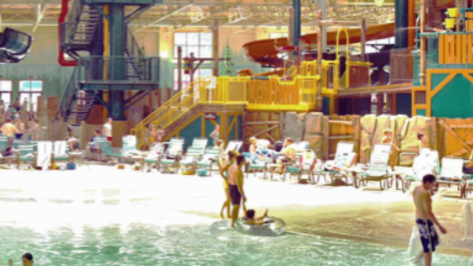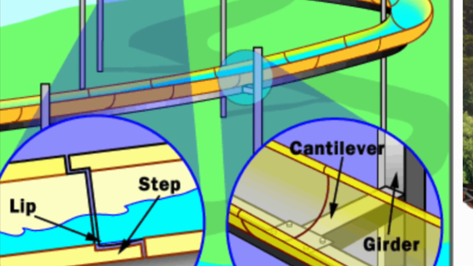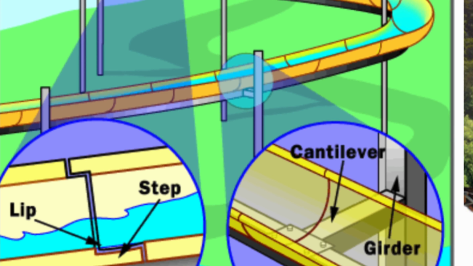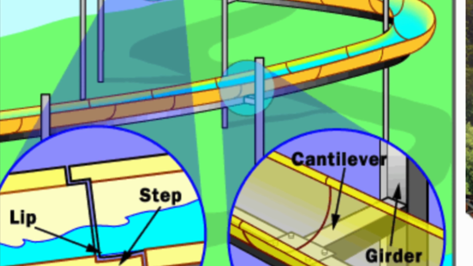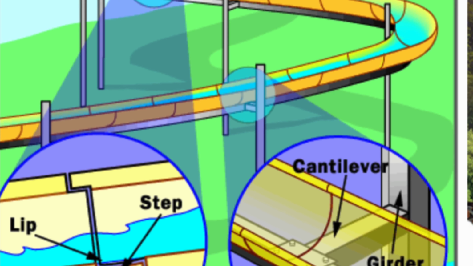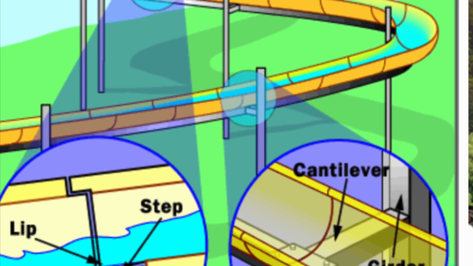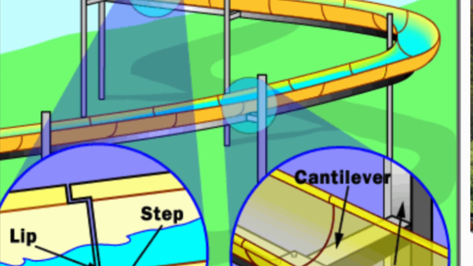Well, the question mainly is how do water slides get made? What is the construction of it all? Well, basically there is a lip, there's a step, and water slides push you like a river. Basically think of it as that. They have a lip, which is hard to describe, but you can see it based on the picture.